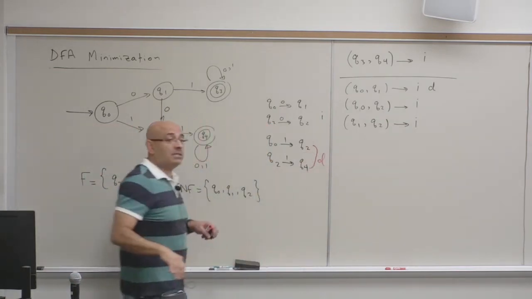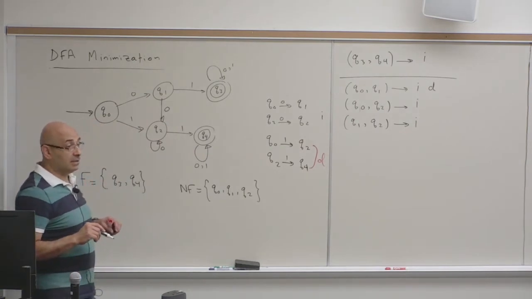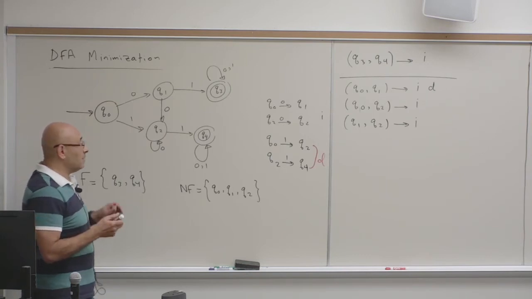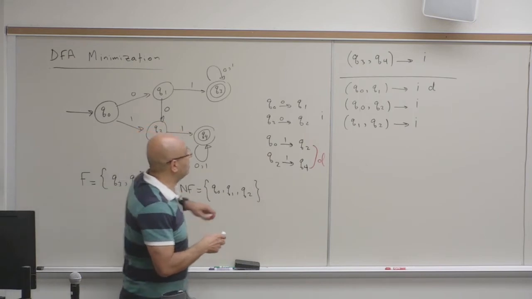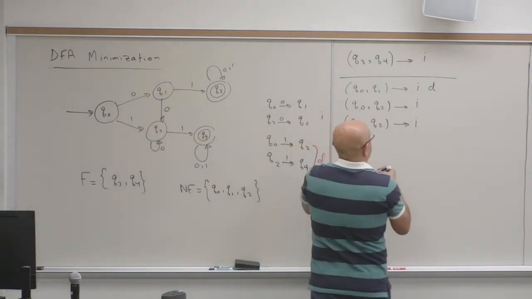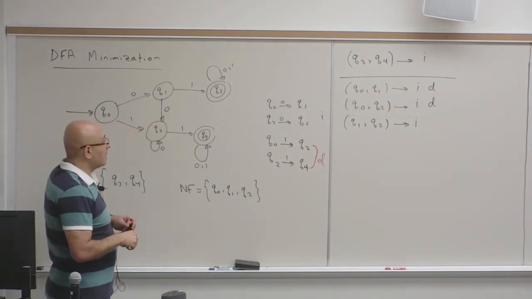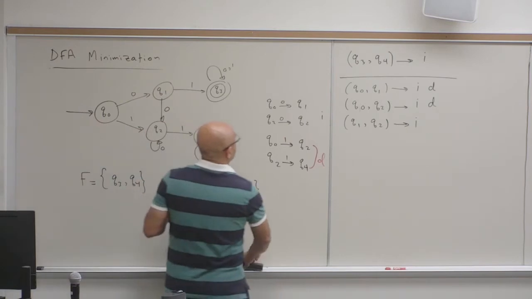Are 2 and 4 distinguishable or indistinguishable at this point? Distinguishable. They belong to two different equivalence classes. One of them is accept and the other is non-accept. So this is distinguishable. It means that 0 and 2 are distinguishable. Now, what about 1 and 2?